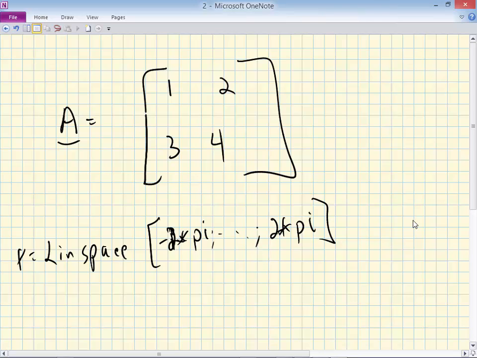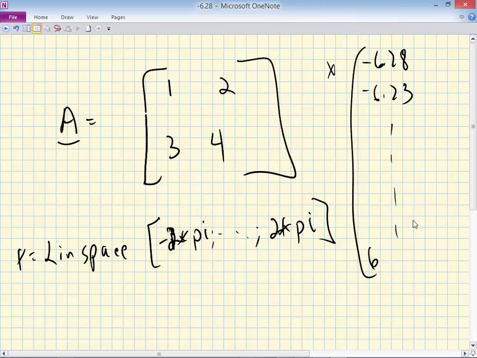When we set that up, we said X is equal to, and we started off with negative 6.28, all the way down to 6.28, something that looks like that. In other words, we set up a column vector is another way of looking at it.